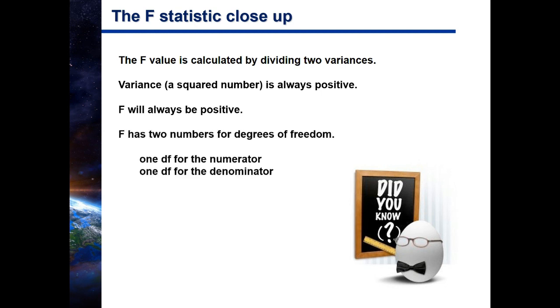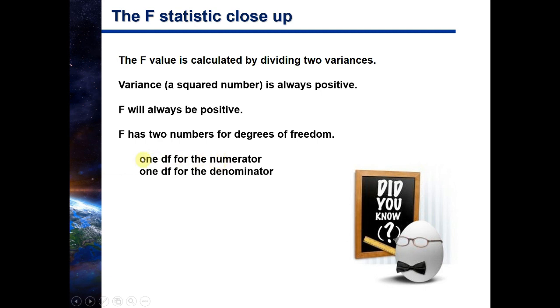Remember that F has two numbers for degrees of freedom. Now, not only do we know that the first one is the degrees of freedom for the between groups source, and the second one is the degrees of freedom for the within group source, we now know that the first number is the degrees of freedom for the numerator.